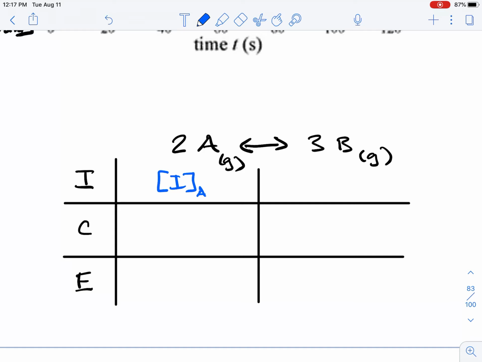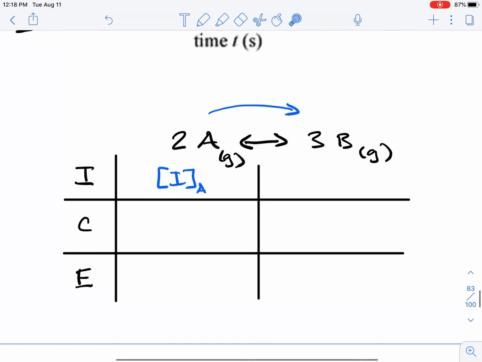We're always going to assume that the forward reaction is going to occur. There are some differences in this scenario, but it really depends on the numbers that are provided for you, and we'll take a look at an example later on. And so C is going to represent the change for reactant A.